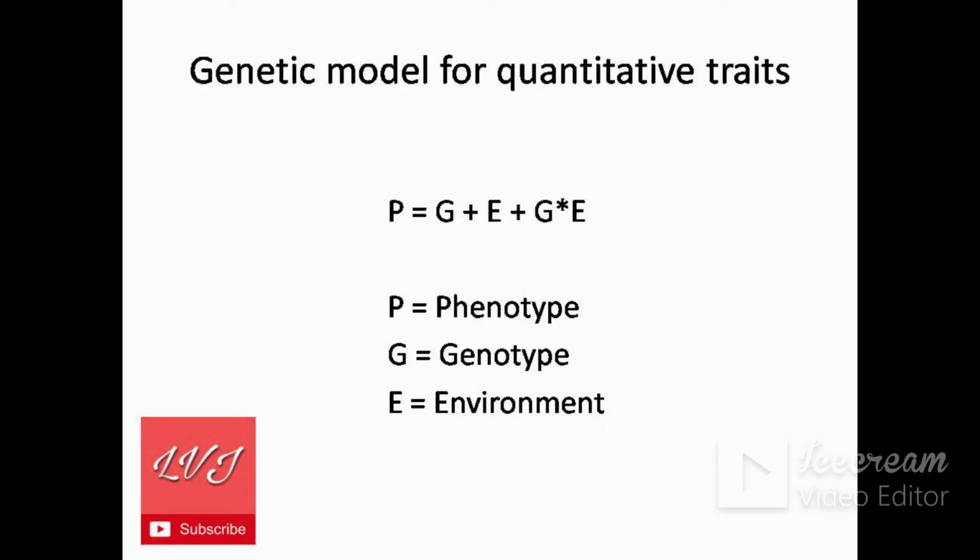So any phenotype is mainly made up of the effect of genotype, the effect of environment and the effect of genotype environment interaction. In another word, phenotype is governed by genotype, environment and interaction between genotype and environment.